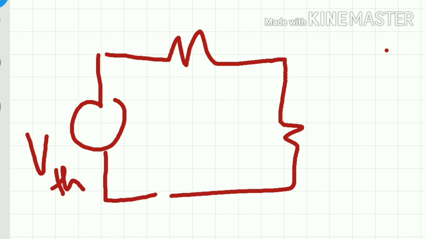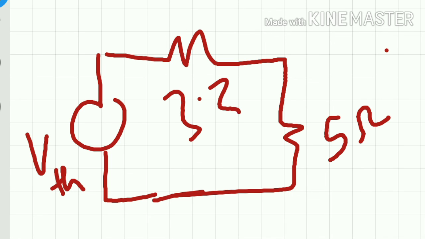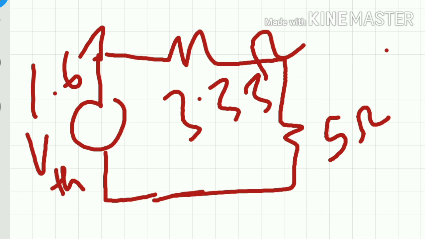The load resistance is 5 ohm, this is 3.33 ohm, and across the open circuit VTH is 1.67 volt. Okay, so this is the way to find Thevenin's theorem, and we are done with the practical.